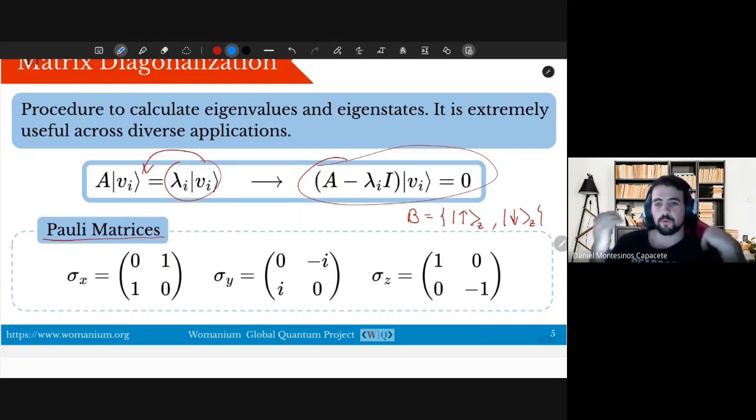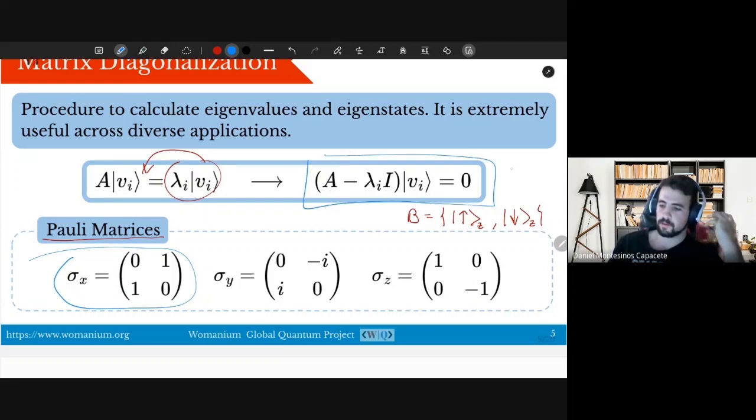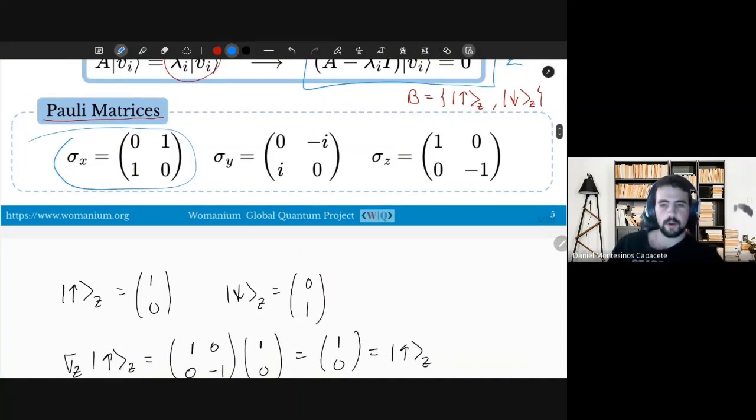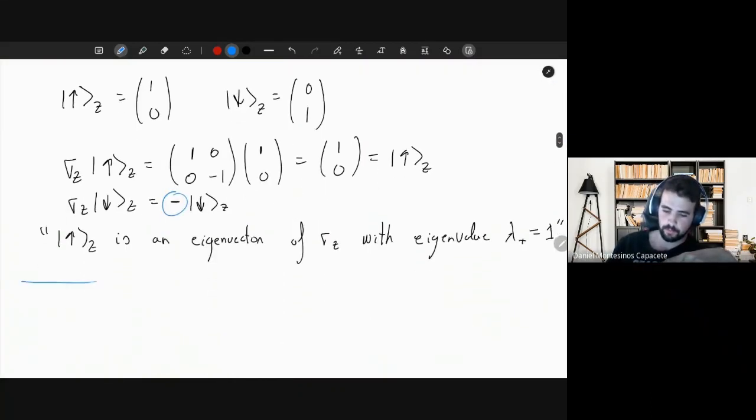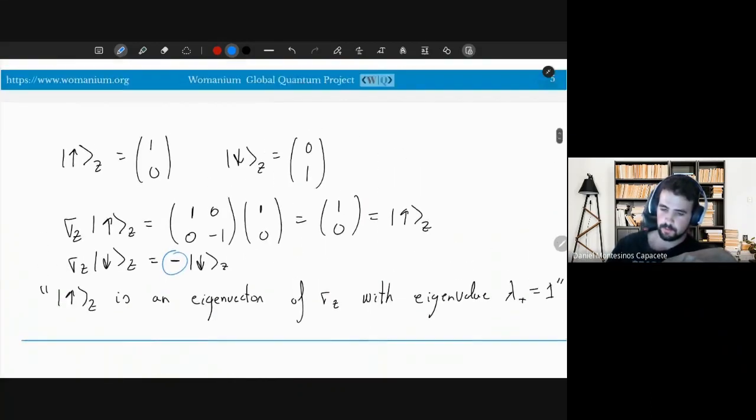But for example, we could want to find out the eigenvectors of this matrix, right? And this is not that easy because this matrix is not diagonal, right? So in order to find the eigenvectors of this matrix, we have to follow this equation here, right? So let's do that. This will be a quite easy example to find the eigenvectors of the matrix.